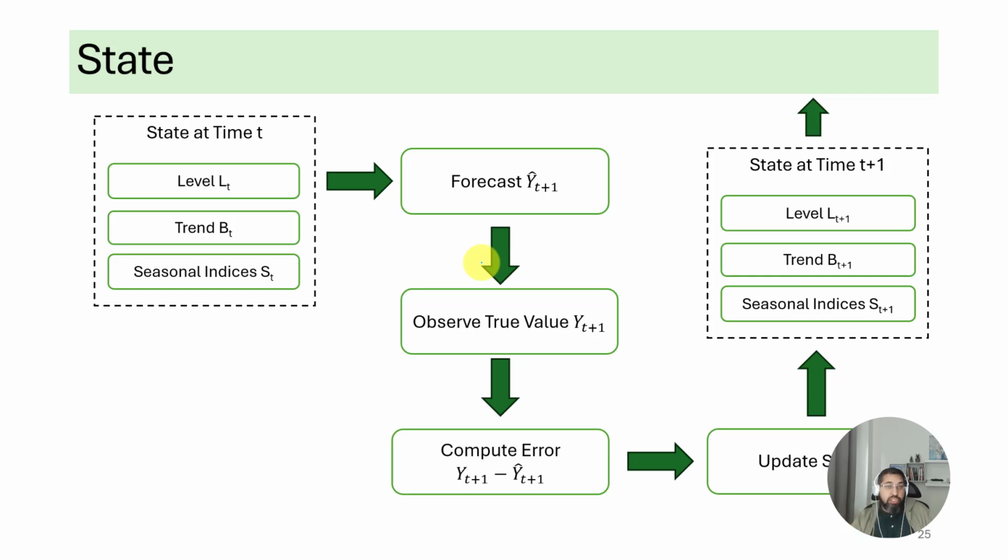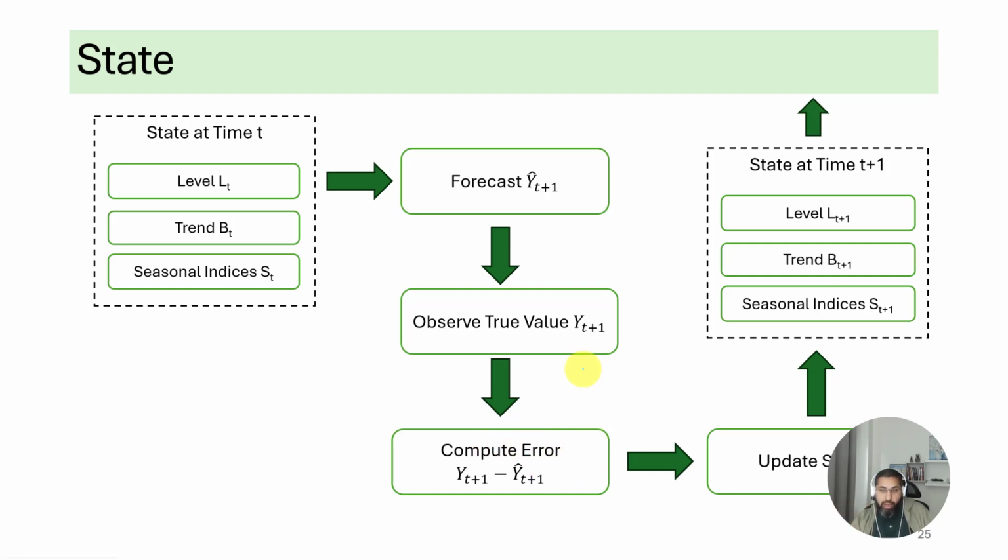When October finishes, we know the true sales value for October. Once we have the true value and we also saved our forecast, we can compute the error. Error is simply the difference between the true value and our forecast. If the error was big, we need to update our state. If the error was very small, we might still update the state but make a very tiny update.